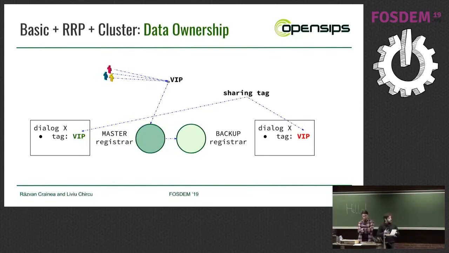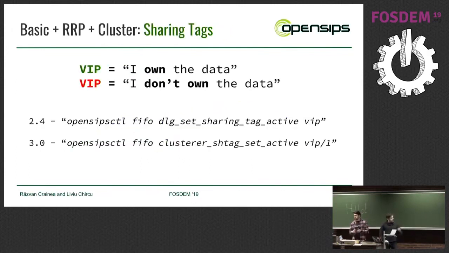So what we came up with, and you will start seeing it in the documentation starting from OpenSIPS 2.4, is the sharing tag concept. Although both instances have the same dialogues duplicated, they are using this shared tag, let's call it VIP, that basically says the following: if I own the VIP, I also own the data. If I don't own that tag, I pretty much don't have anything to do with that dialogue.